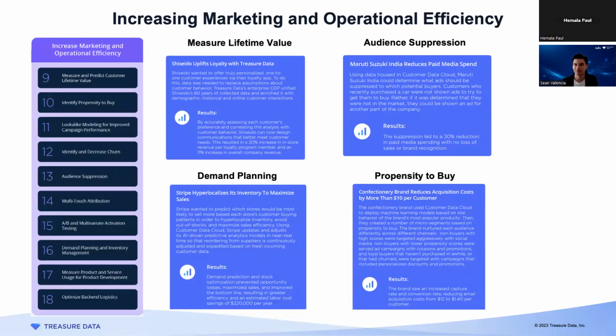One example could be, okay, what can we strategize utilizing lifetime value? So lifetime value, what is the value the customer is going to be in the long term? We have an example story here from Shiseido, well-known storied cosmetics brand.